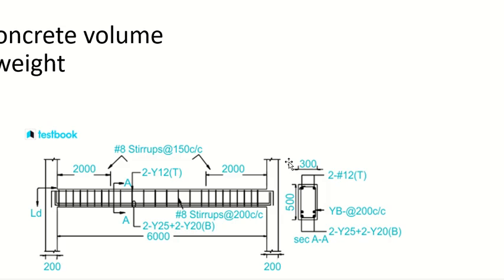For 12 number dia, it will be 8 into 12, on each side. See, I have it on each side, right? This is for 12 number. For 20, 8 into 20 into 2. For 25, 8 into 25 into 2. Clear?